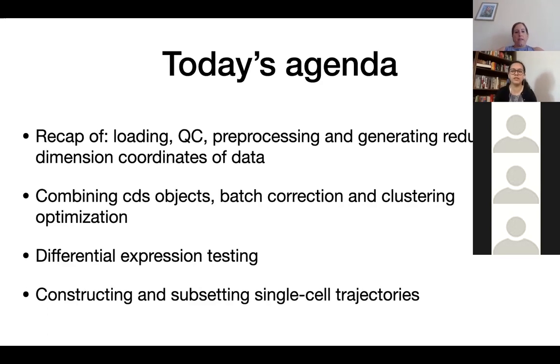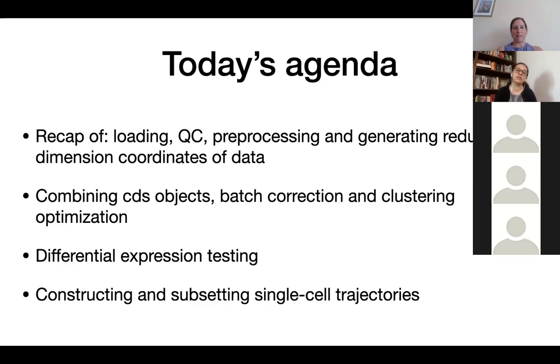We'll be using C. elegans data from the Jun Cao data set, a published data set from Jay Shendure's lab. But if you have different CDS objects that need to be combined and batch corrected, we'll point you to the right functions, and also show you how you can optimize your clustering if you're not super happy with it.